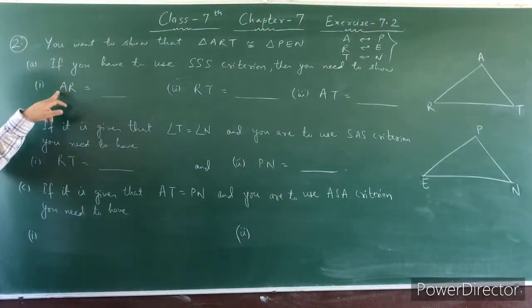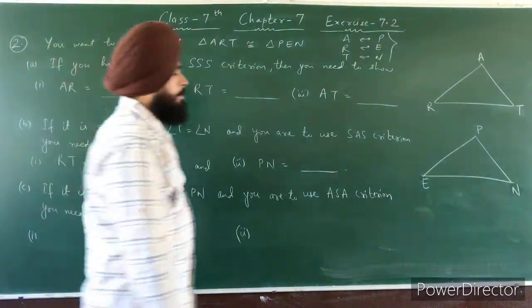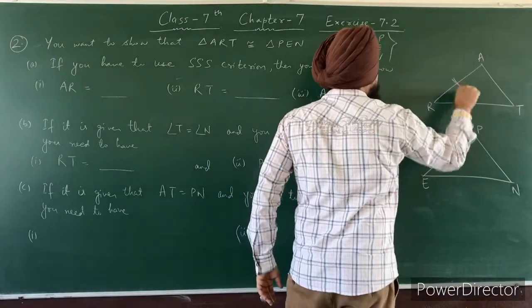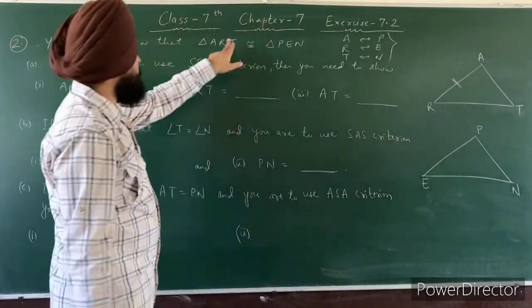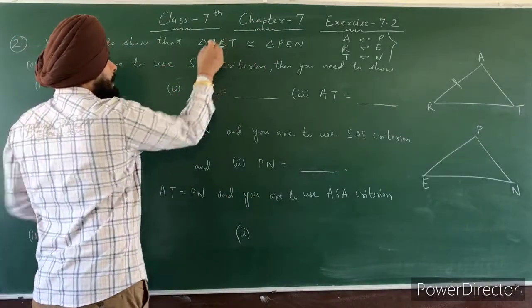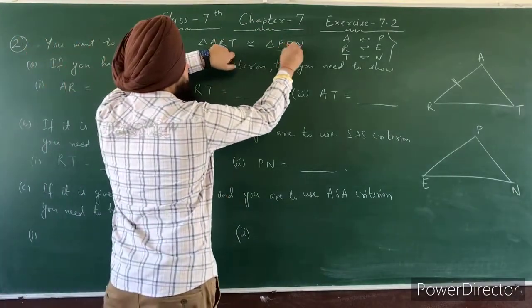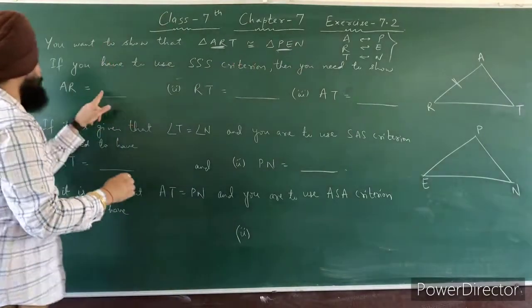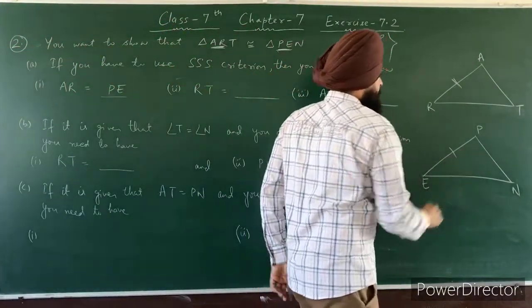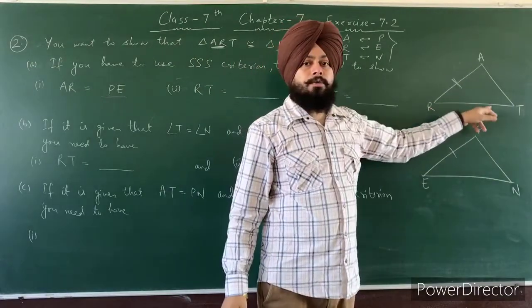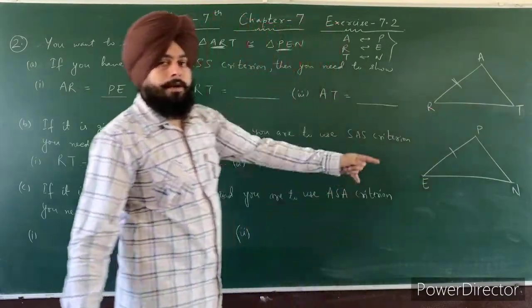So AR is equal to which side in the another triangle? You can see here, this is AR. AR is equal to which one? PE. So you can write here PE. This AR side is equal to PE side.